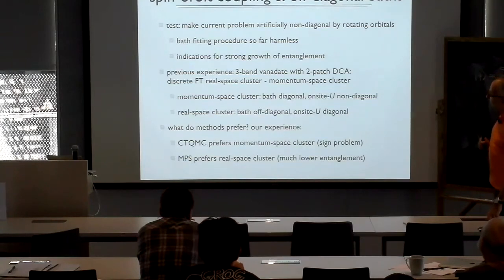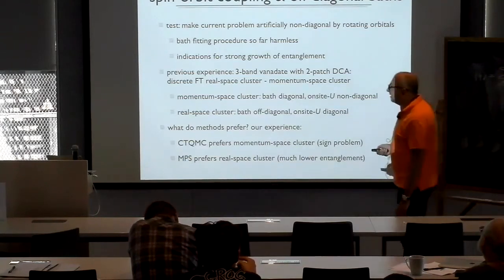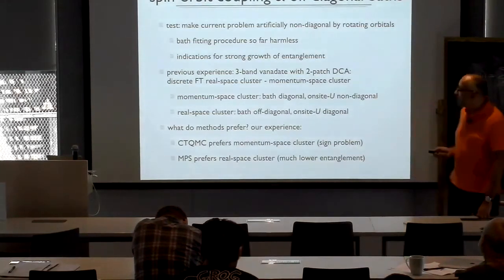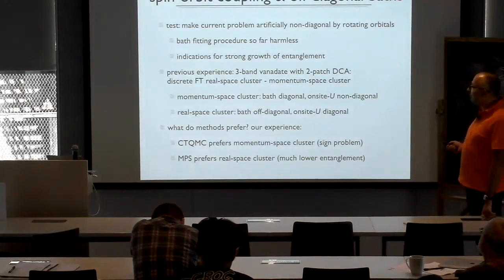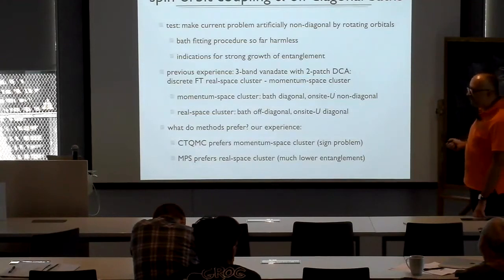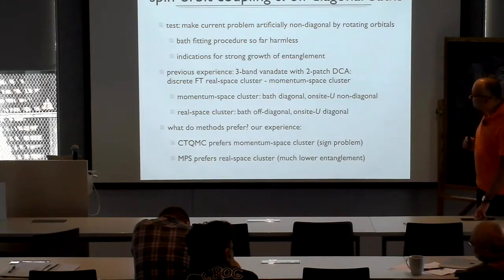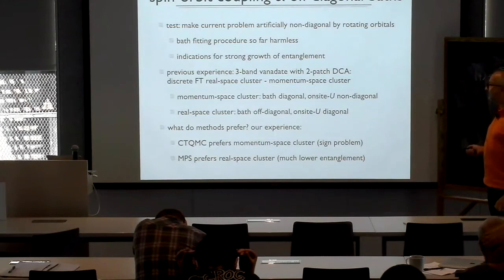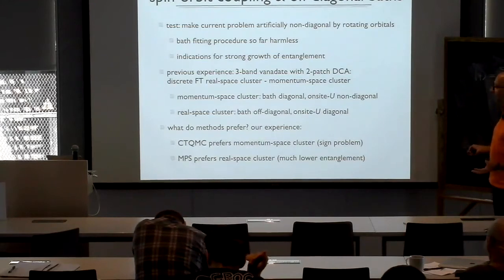In fact, I think we have an idea of how to deal with this if it's borne out by further calculations, because we had already seen all that in the 3-band vanadate or pseudo-vanadate with a 2-patch DCA calculation. A real space cluster and a momentum space cluster, as in DCA, are related by a discrete Fourier transform.